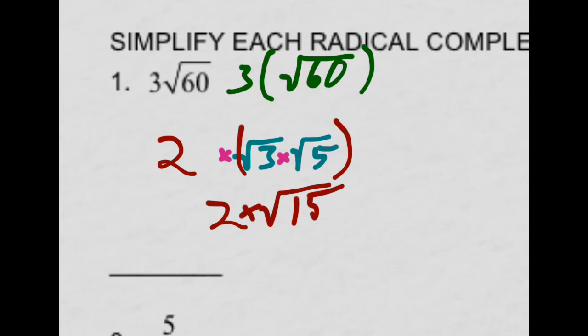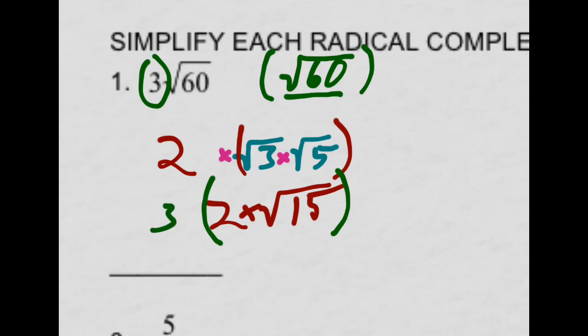Okay, so I'm done, right? It's 2 root 15. Well, not entirely, because remember this guy right here? It was 3 times the square root of 60. So here's the square root of 60 right here, and then I'm going to take this 3 here, and I'm going to multiply it.